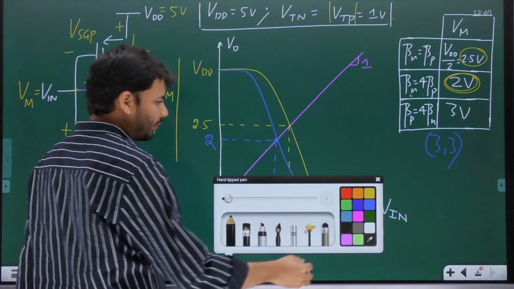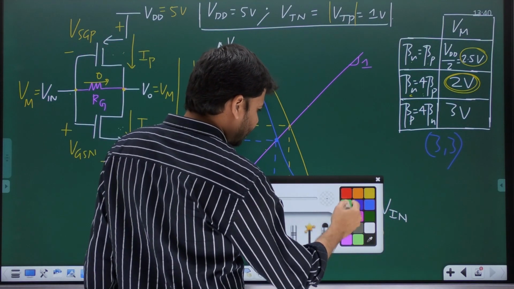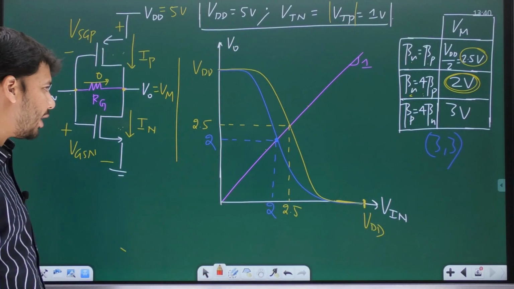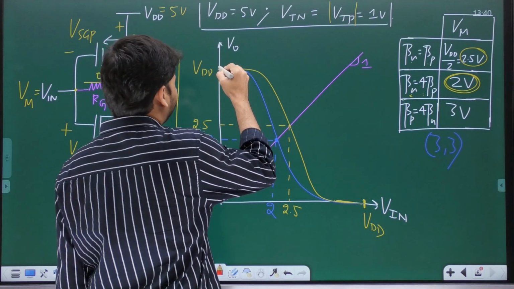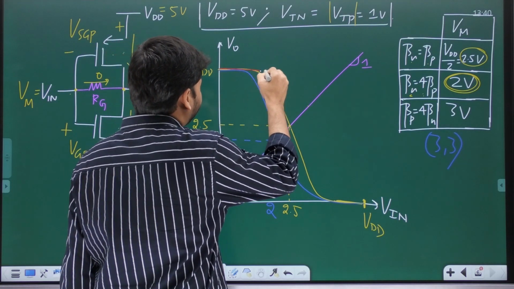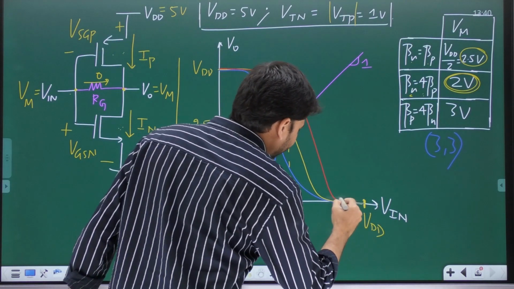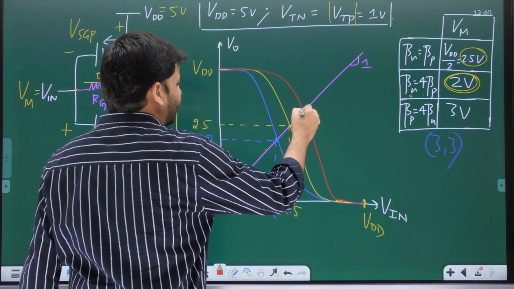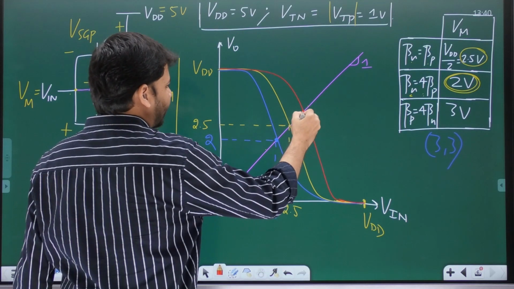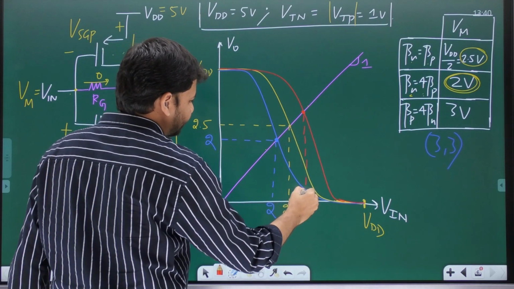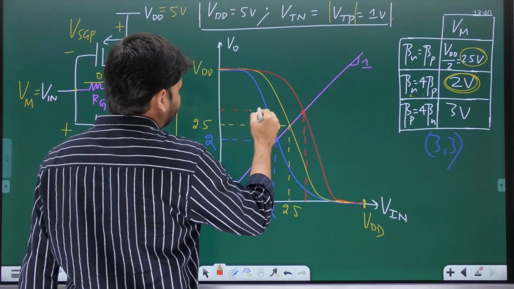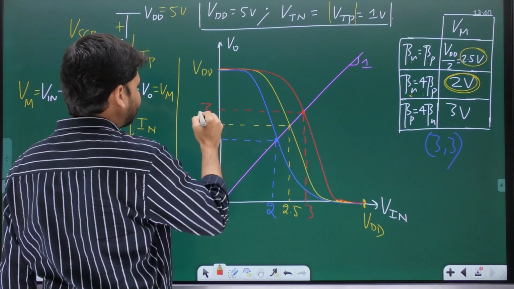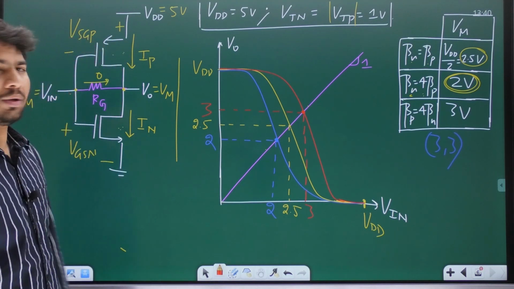So for the third case, where PMOS is stronger than NMOS, the VTC will get shifted to the right. And this is the new point of intersection, with x and y coordinates of 3 comma 3. I hope you can make this out.